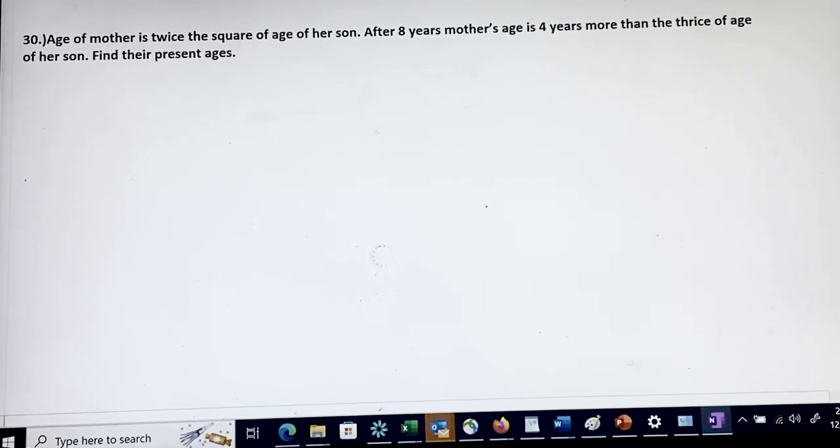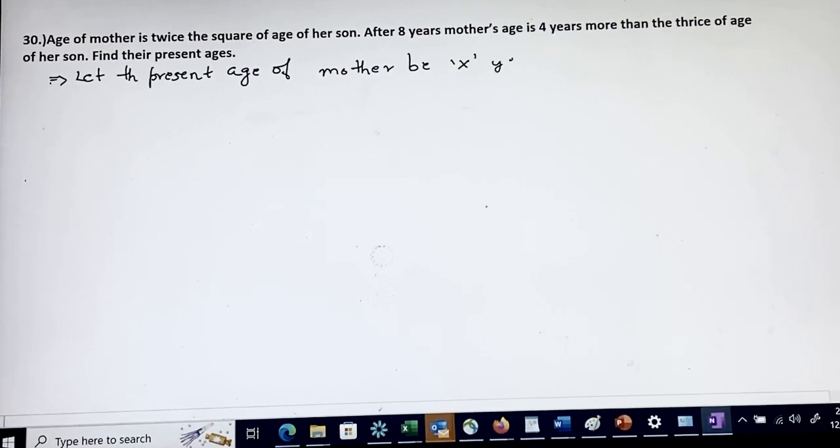So how do you find it? So first, let's assume their present ages. Okay, so let the present age of mother be, you have to write clearly.